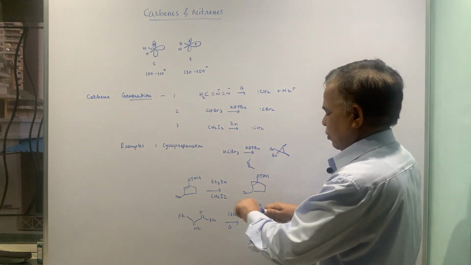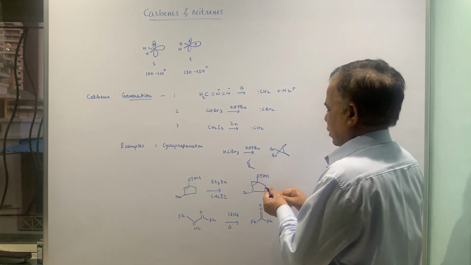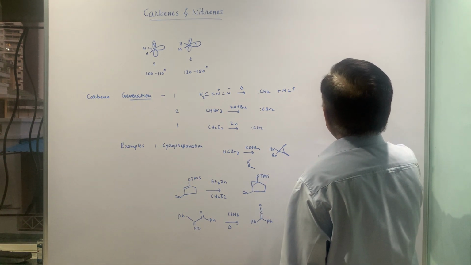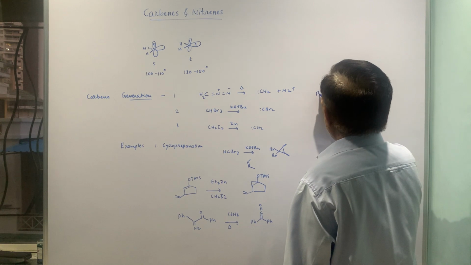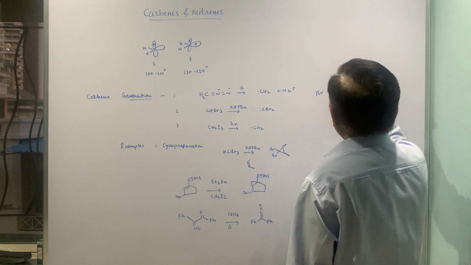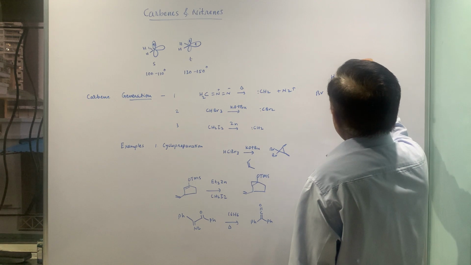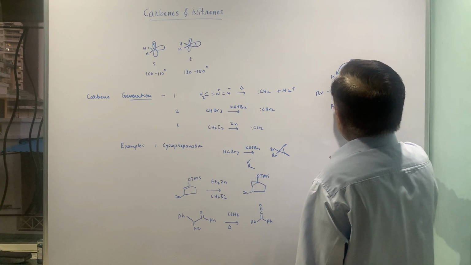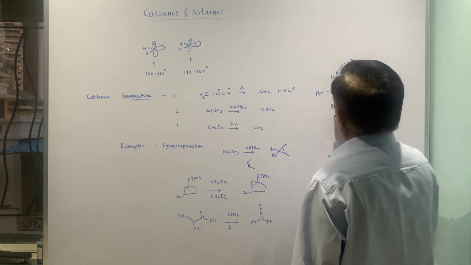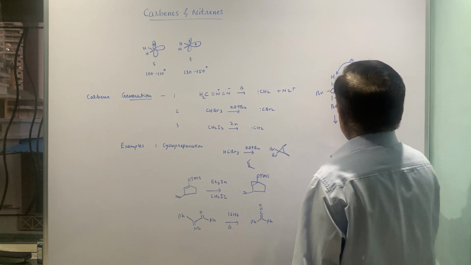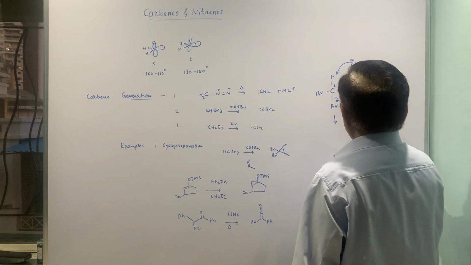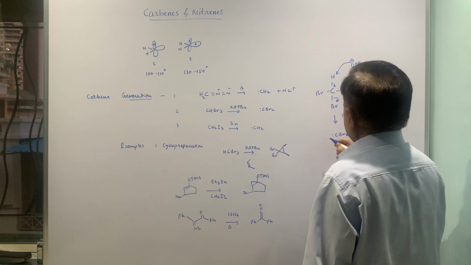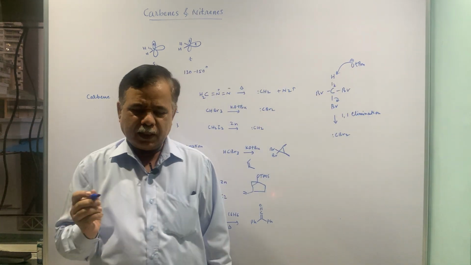So first of all, how the CH, I am not drawing the tetrahedral geometry and all, this is just for the sake of simplicity. The tertiary butoxide abstracts a proton, this is 1,1 elimination, which can give rise to CBr2. So that is the first thing.